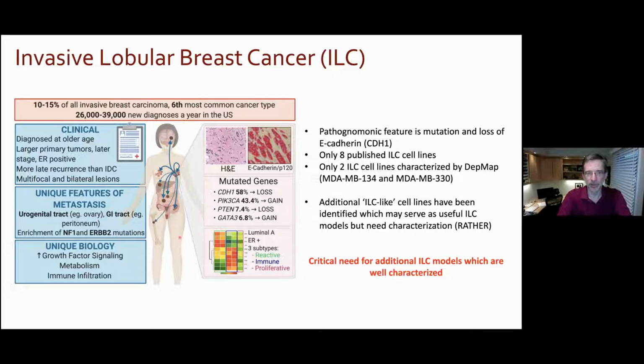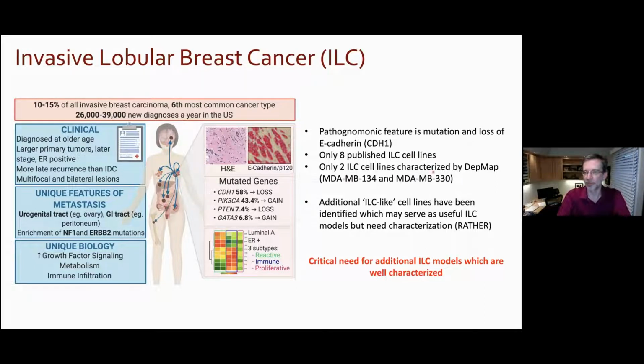And there isn't really much research into this form of breast cancer, particularly because there are very few models to actually study it in the laboratory. And our lab has a strong focus on trying to understand this. As I said, the unique feature of ILC is the mutation and loss of E-cadherin, which is present in nearly all ILCs. There are only 8 published cell lines for use, of which only 2 to 3 are actually publicly available.